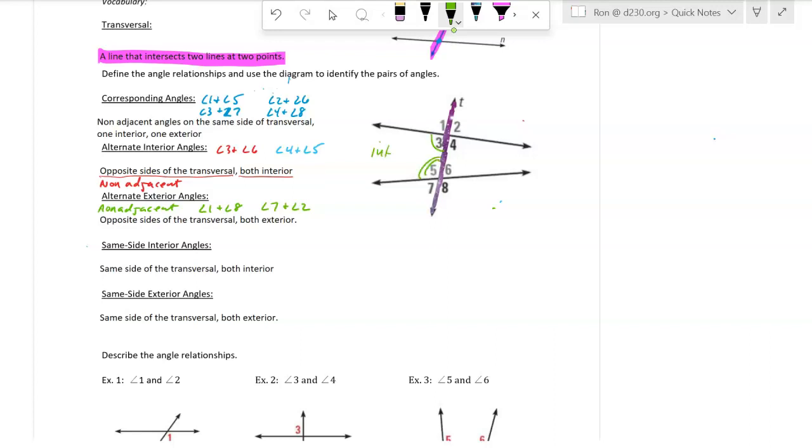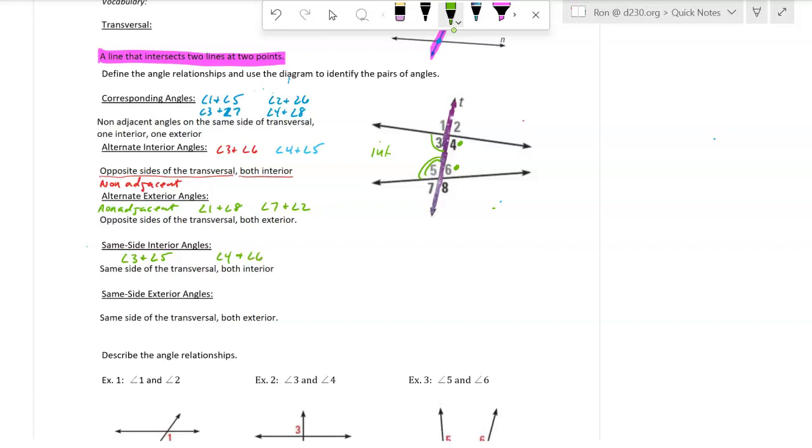So 3 and 5 would be the angles. Angle 3 and angle 5 are same side interior angles because they're both on the same side of the transversal and both are interior. What would another pair be? Angle 4 and angle 6 are on the same side of the transversal and both interior. So we would say angle 4 and angle 6.